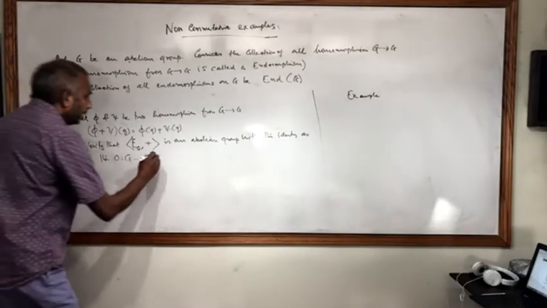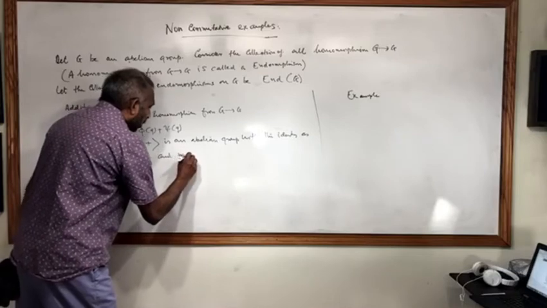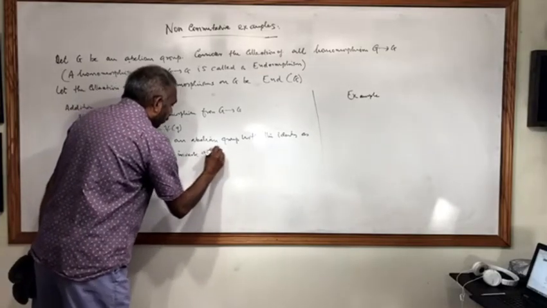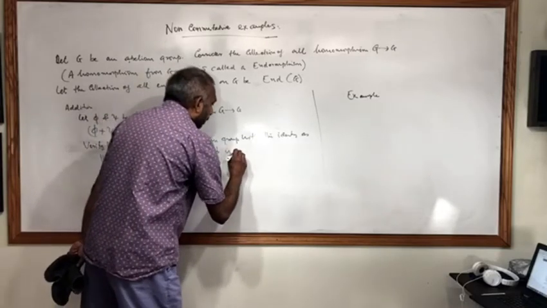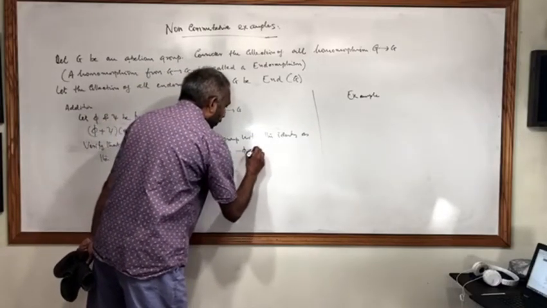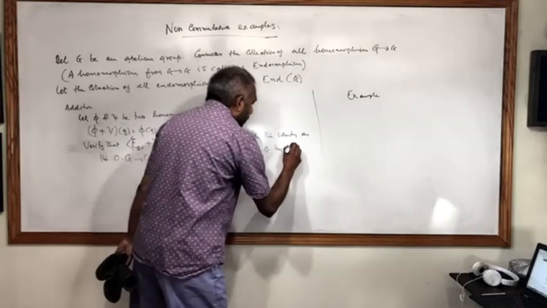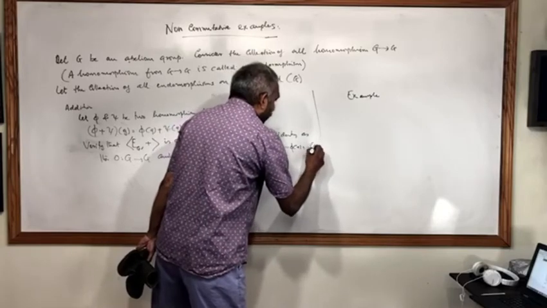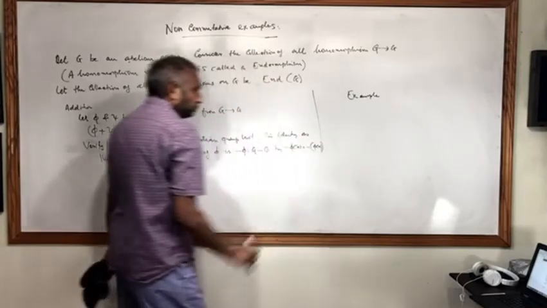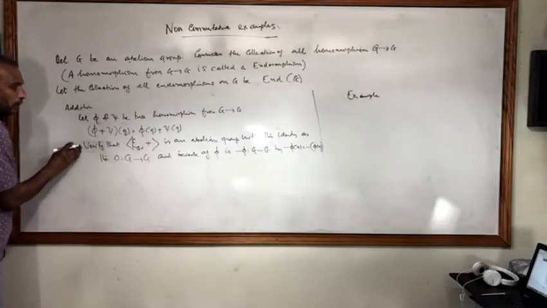And the inverse of phi is minus phi, defined from G to G by (minus phi) of a is equal to minus of phi of a. So this is an abelian group.